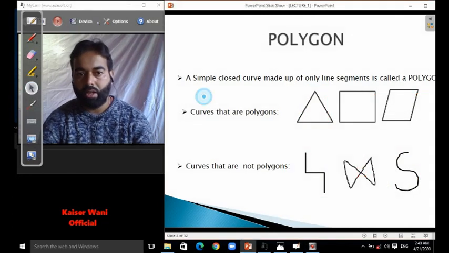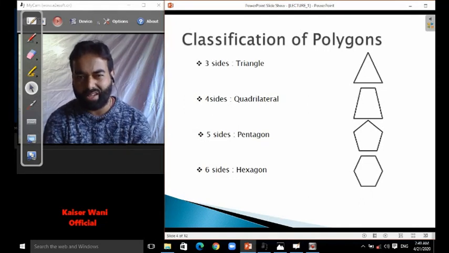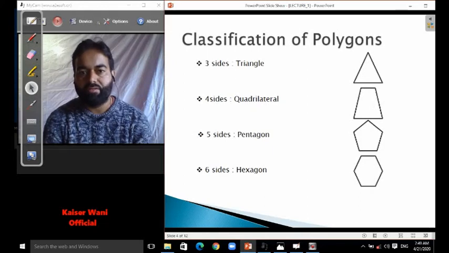Now the classification of polygons. Polygons start from three sides because one line segment cannot be closed, and two line segments cannot be closed. So a polygon starts from three lines. Here is a polygon with three sides.